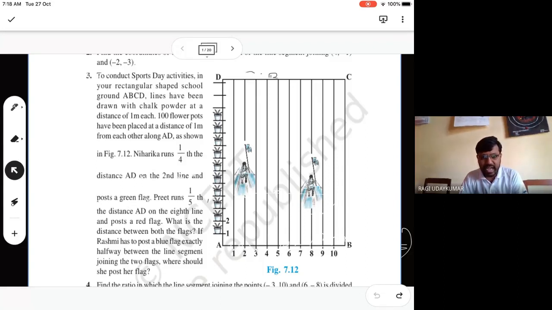These are all PISA based questions. Case based means a story will be given to you, and based on that story some questions will be asked. So you may not get the same question from your textbook, any other question you may get.